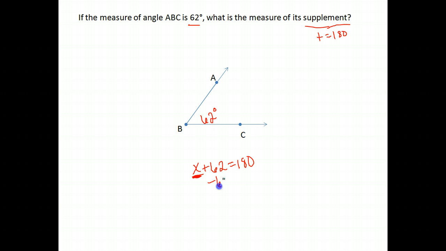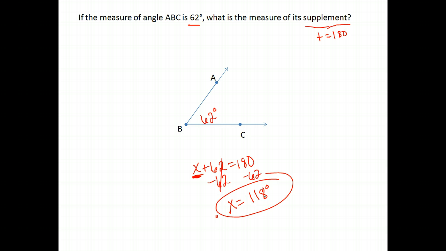And so then we just solve that equation, subtracting 62 from both sides, and we're able to find out what our supplement is. And we see the supplement is 118 degrees would be our answer.